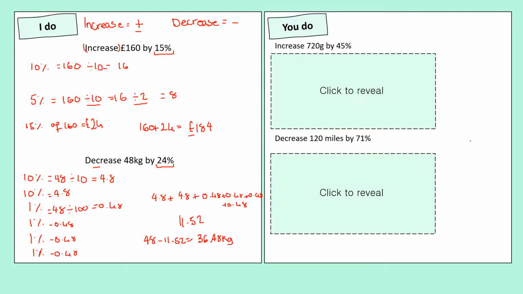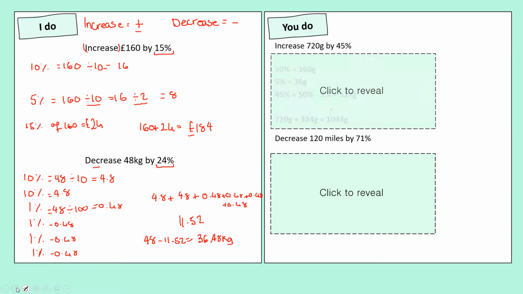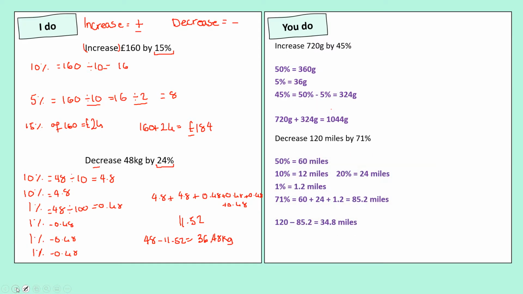Okay, I'm going to pop the answers up. So 720 grams increased by 45% becomes 1,044 grams, and decreasing 120 miles by 71% becomes 34.8 miles.